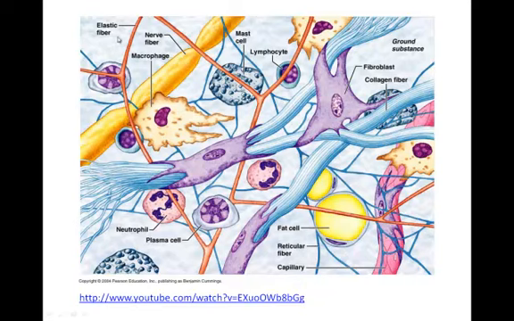This is our ground substance, the extracellular matrix, if you will. The extracellular matrix would be composed of the ground substance back here and the fibers. But the ground substance back here would have the proteoglycans and the glycosaminoglycans in it.